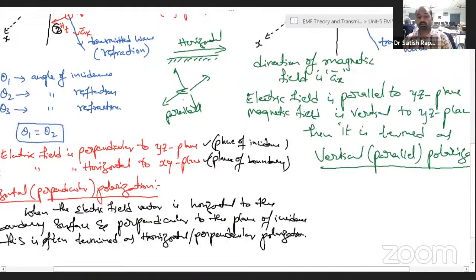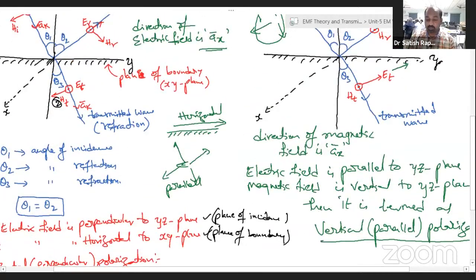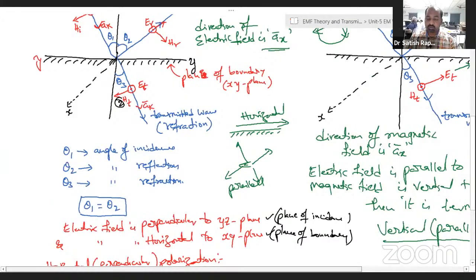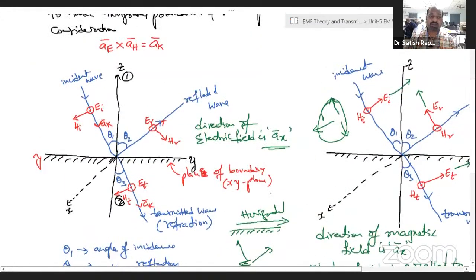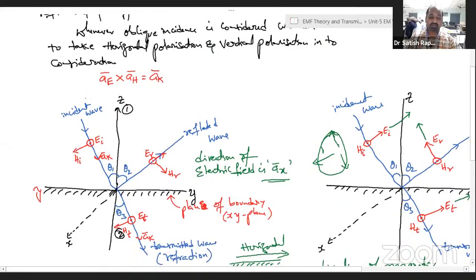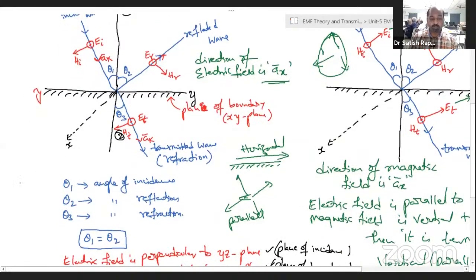So this is how we can define, right? So therefore, from figure one, you just remember how the electric and magnetic fields are indicated, right?